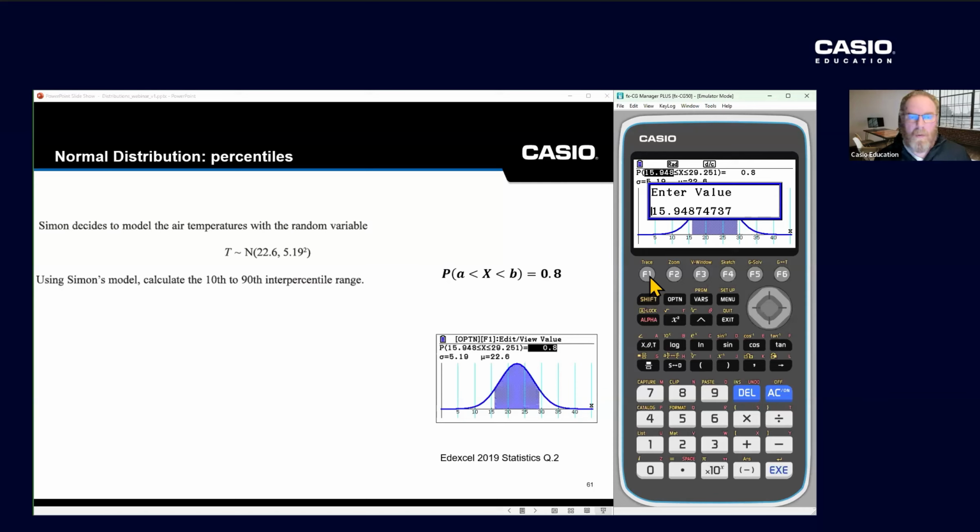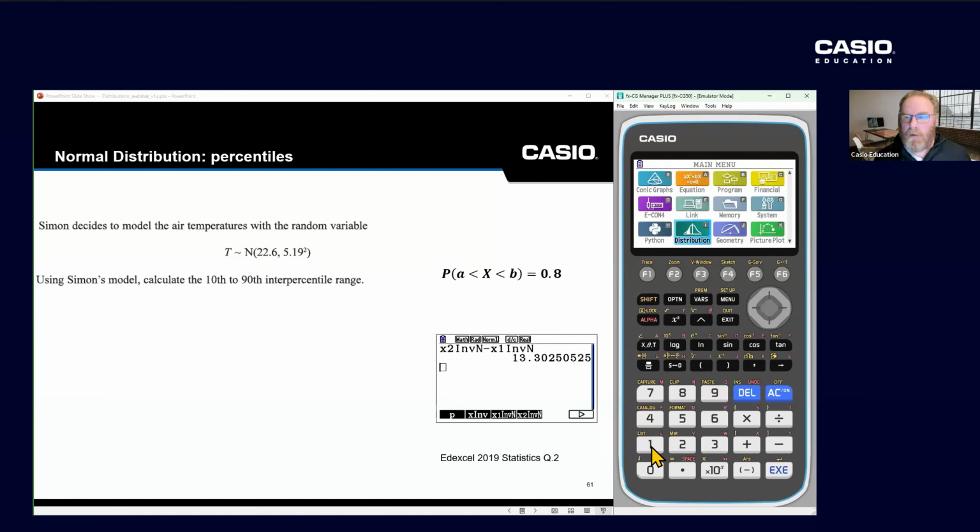Okay. But if we go to run matrix, let's just delete all of those, you can recall those x values. So you can do that from distribution. So here we have x1 and x2 inverse normal.